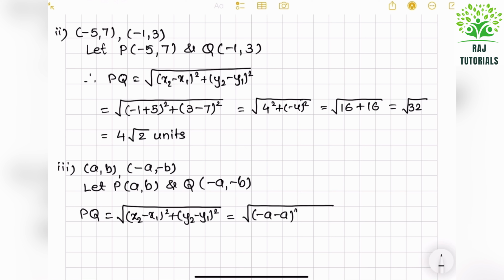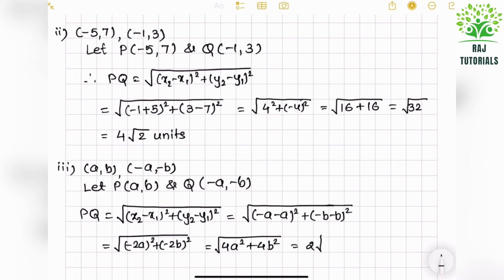So that will be equal to minus a whole square plus minus b whole square. So that will be minus 2a whole square plus minus 2b whole square. So this will be 4a square plus 4b square. If I take 4 common out, so it will be 2 root a square plus b square.